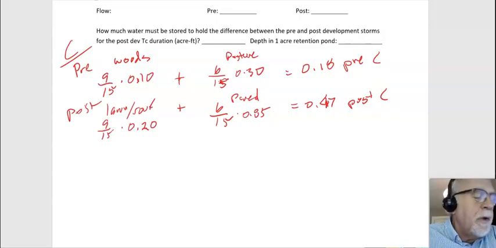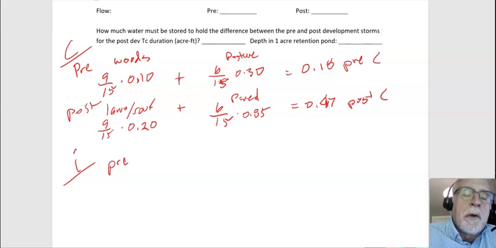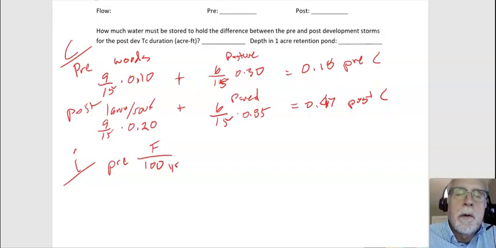Okay, that's the C. We have the A, we need the I for Q equals CIA. For the pre-development, let's do this for the 100-year. We probably have to run our spreadsheet for 1 up to 100-year, but we're going to do it for the 100-year.